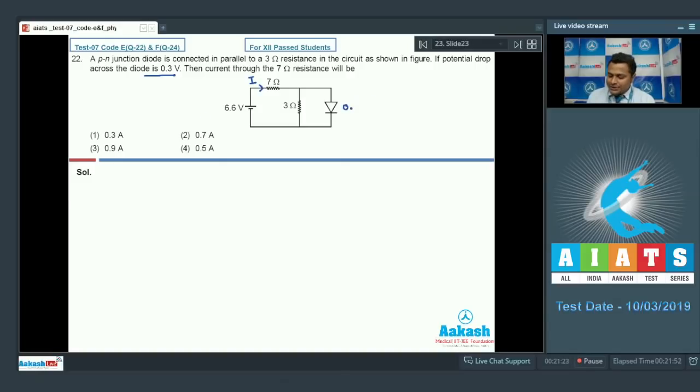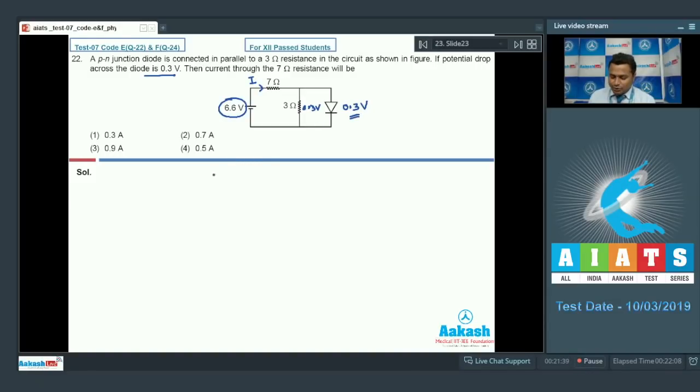Now the diode is at 0.3 volt, so the 3 ohm will also have the same potential, 0.3 volt. The overall potential of the battery is 6.6 and 0.3 volt is dissipated right here.